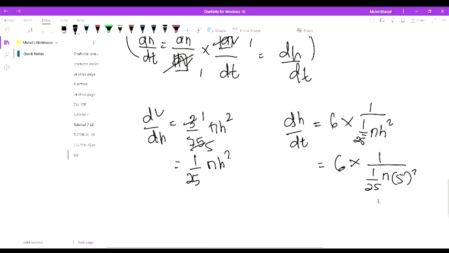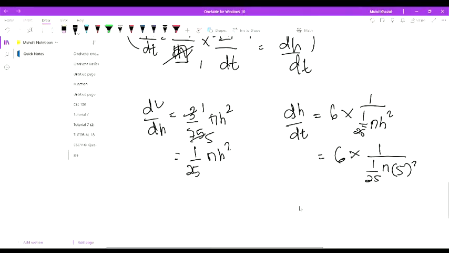Now we get 6 times 1 over 25 pi times 25.